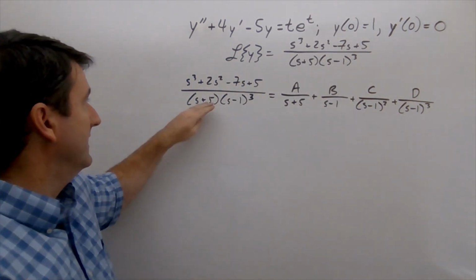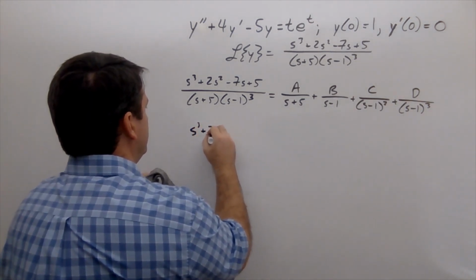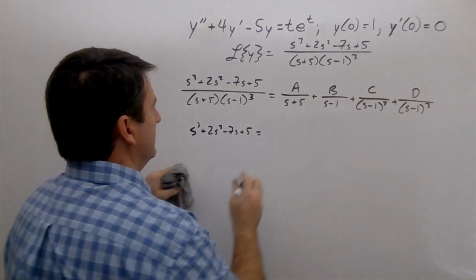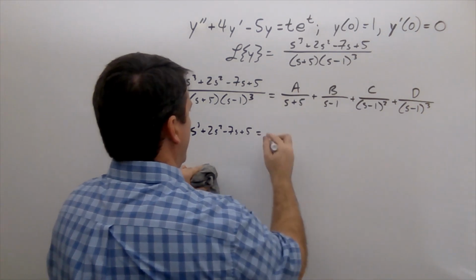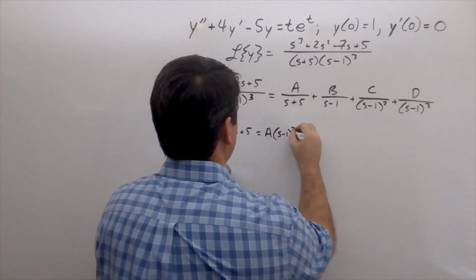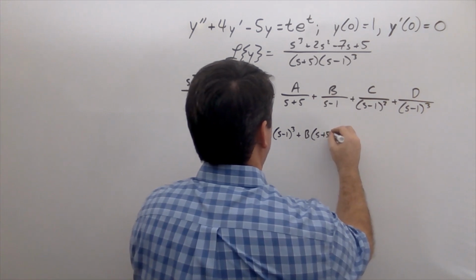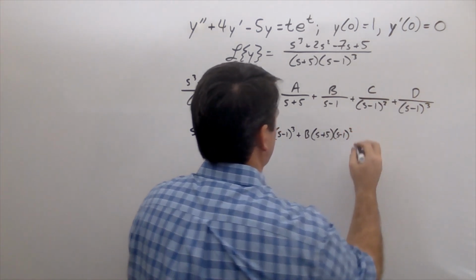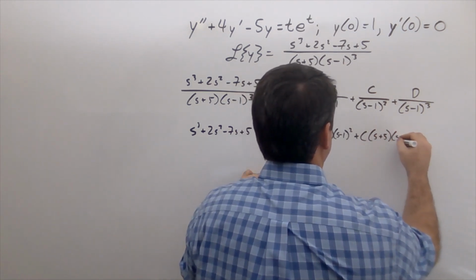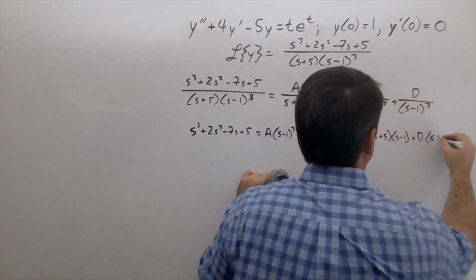Then let's multiply through by this denominator. We get s cubed plus 2s squared minus 7s plus 5 is equal to A times (s minus 1) cubed plus B times (s plus 5)(s minus 1) squared plus C times (s plus 5)(s minus 1) plus D times (s plus 5).